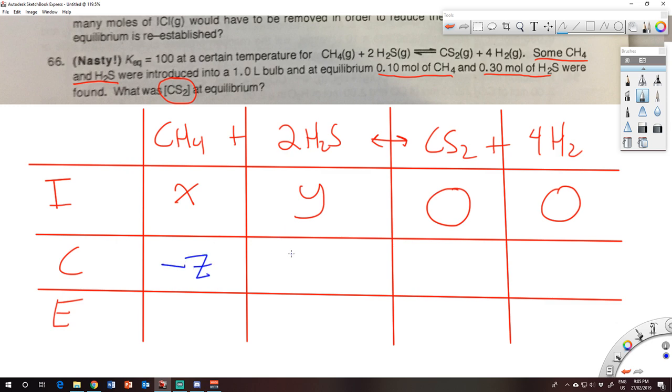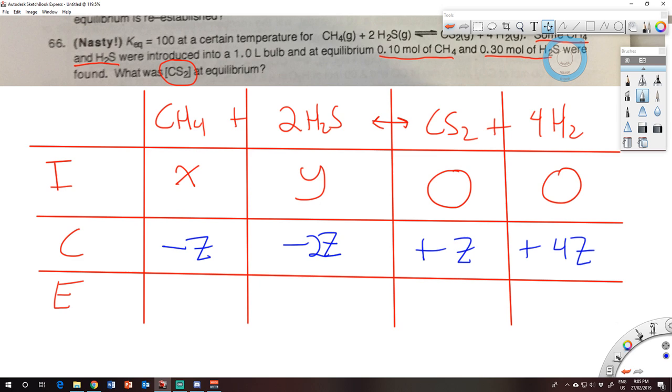We'll call that Z. This will be 2Z. So this will be plus Z and this will be 4Z, like that. And then this ends up being 4Z, right? And this ends up being Z.